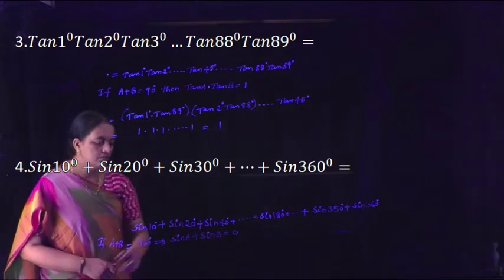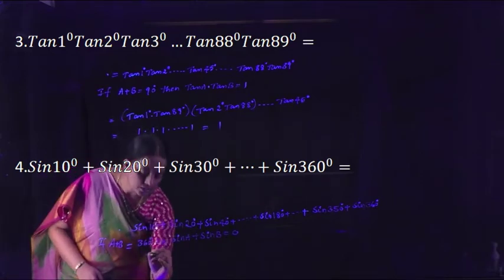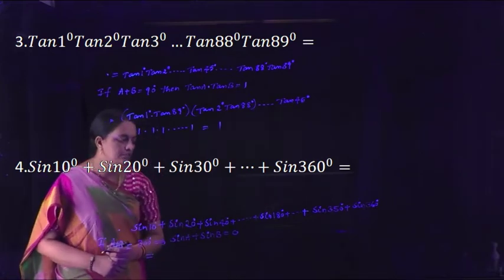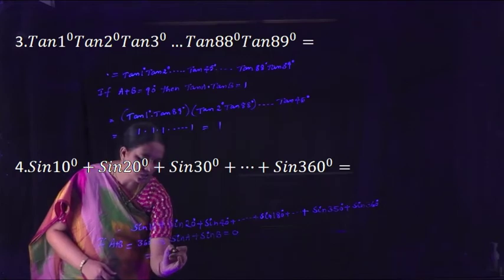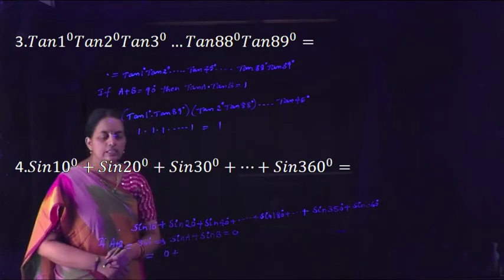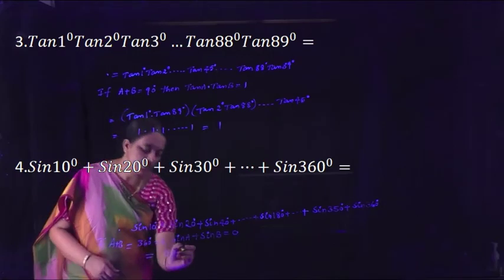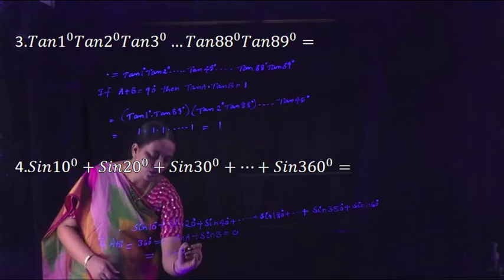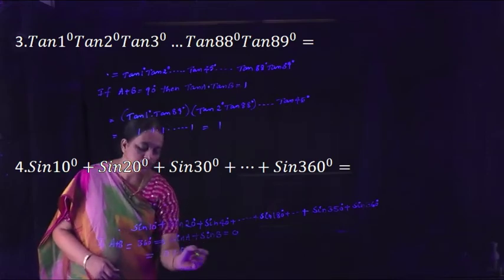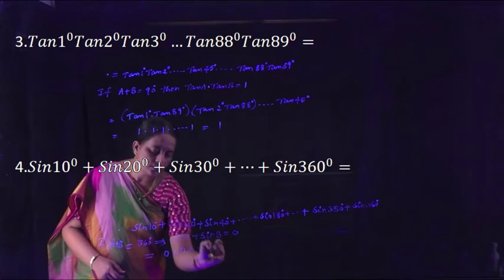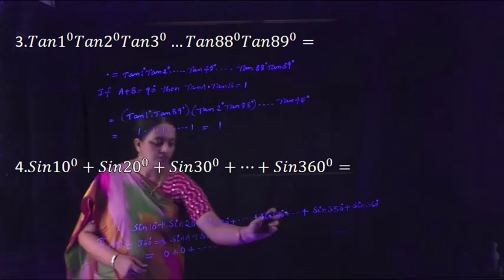By using this formula, we can write sin 10 plus sin 350 is equal to 0, sin 20 plus sin 340 equal to 0, sin 30 plus sin 330 equal to 0 and so on, plus sin 180.